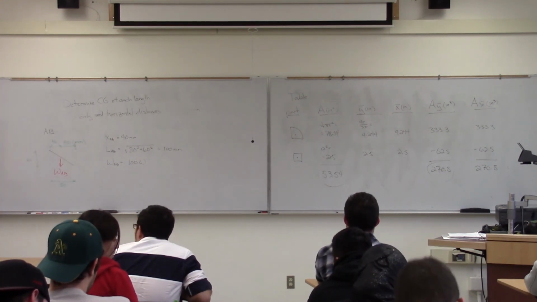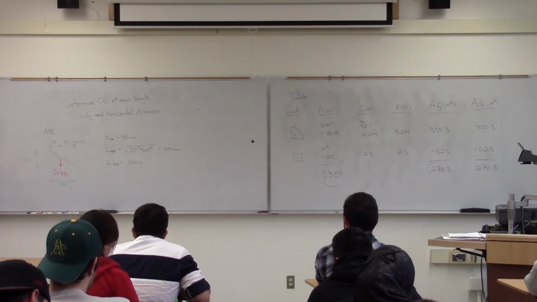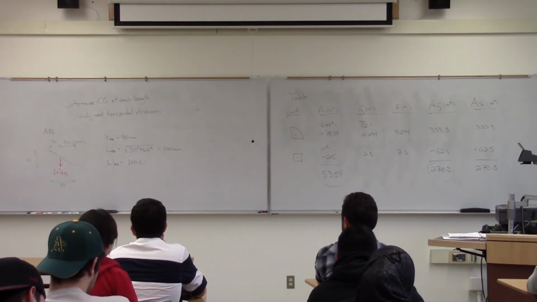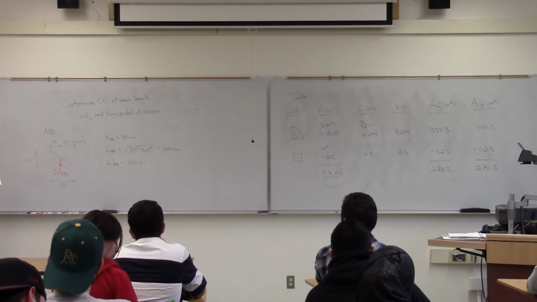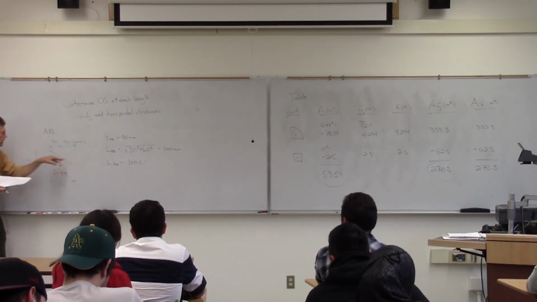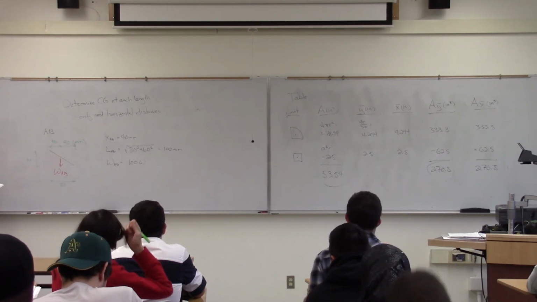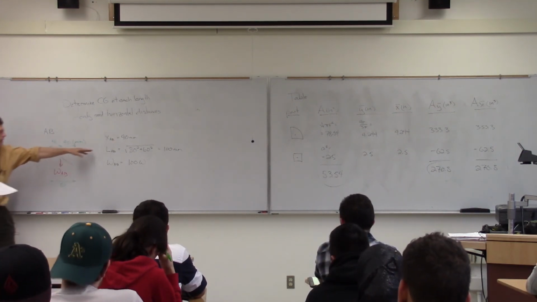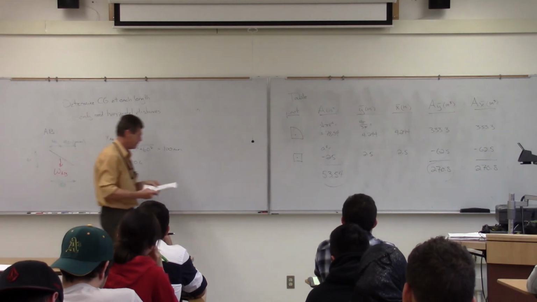Then the weight is going to be 100 times whatever the density is, but we're going to be able to divide that out. Basically, that's the information I need for that piece: the weight of that piece, the moment arm to that piece, and then the length.